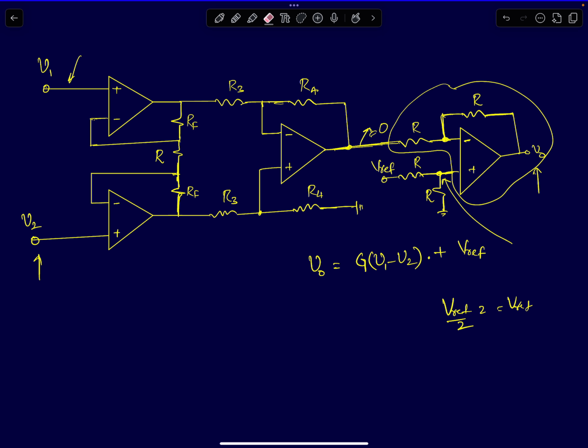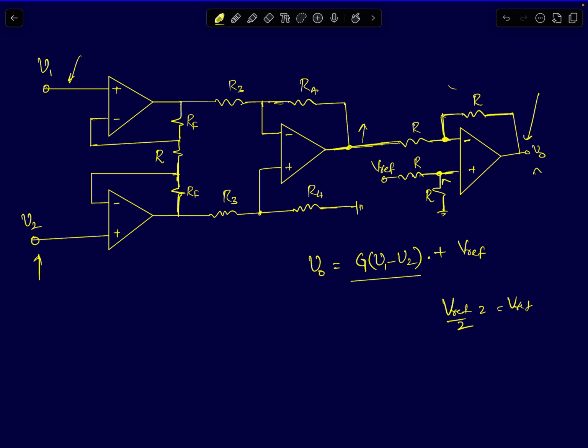So the overall output of this circuit will be G times (V1 minus V2). That is because the instrumentation amplifier will amplify it and produce G times (V2 minus V1), which gets multiplied by -1. So I have written it as G times (V1 minus V2) plus Vref.